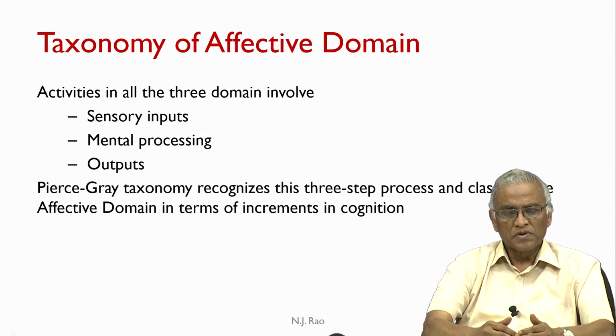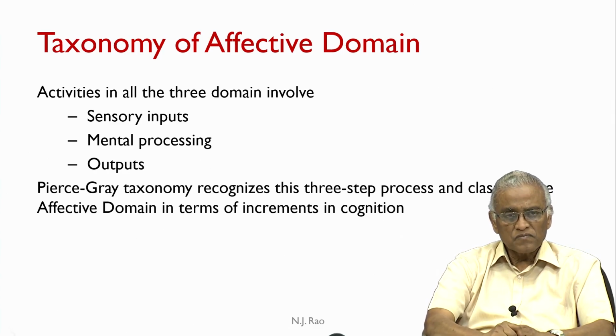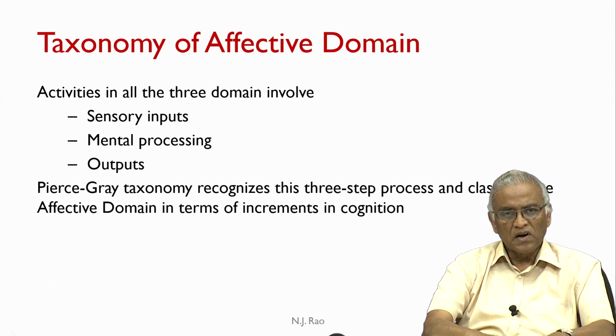The sensory inputs go to the brain and the brain processes this information in various domains, right. We are not going into how those processes happen, and then as a consequence of that an output is created. So, this is a 3-step process, whether it is cognitive, affective or psychomotor.